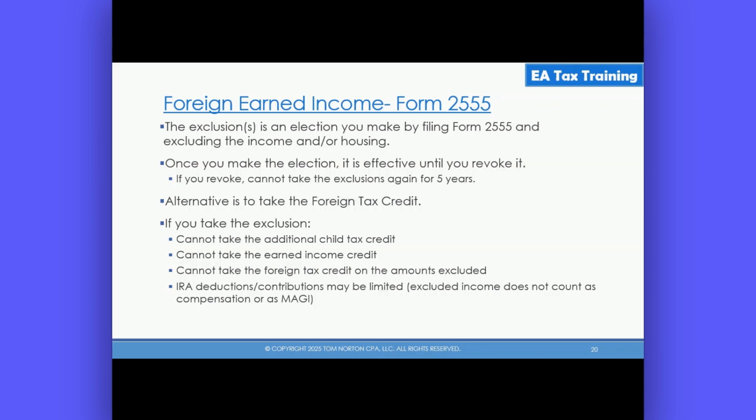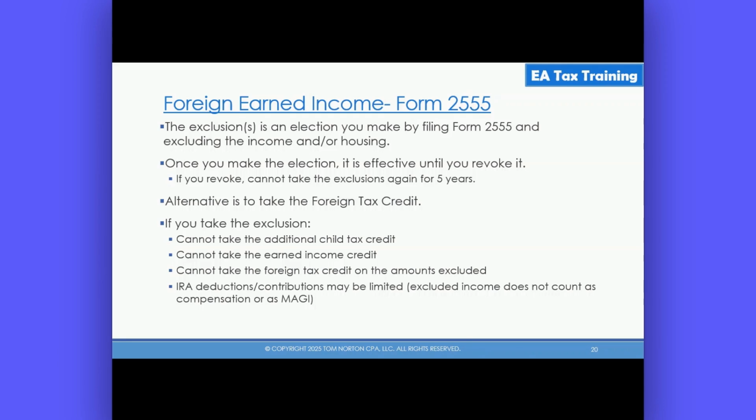If you want to contribute to an IRA, remember you have to use your modified adjusted gross income and you have to have a certain amount of earned income, of compensation in order to make an IRA contribution. And you have to add back the foreign earned income when you're computing your adjusted gross income, but you don't get to include that foreign earned income as compensation if you excluded it.